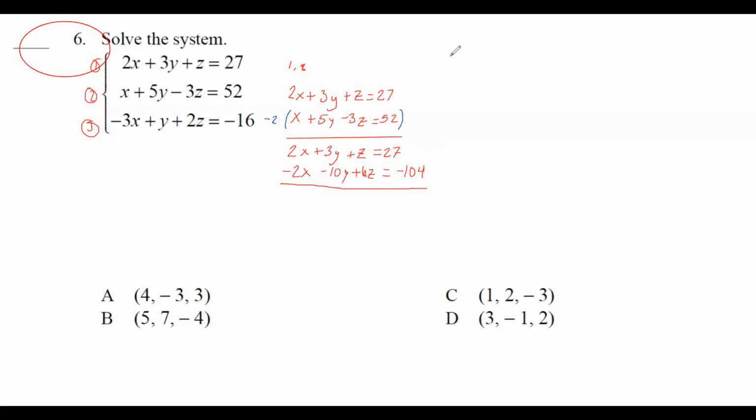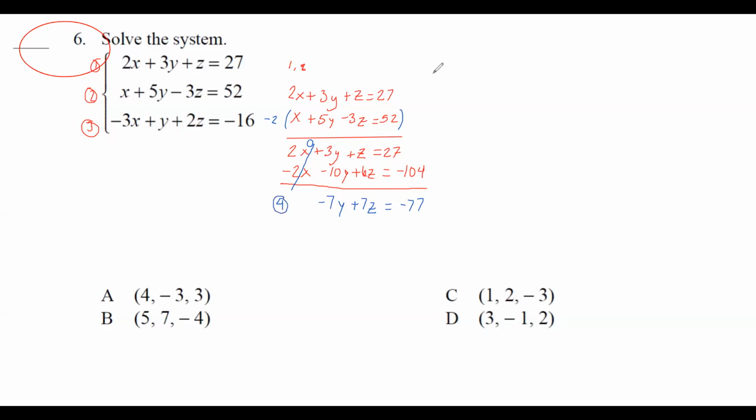What happens to my beautiful x's? They go to 0. They eliminate. So what are we left with? Negative 7y plus 7z equals 27 minus 104, negative 77. I'm going to have these 2 variables now, y and z. I'm going to label this equation number 4.